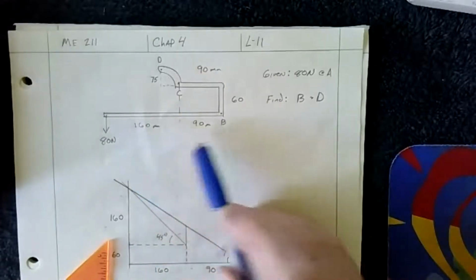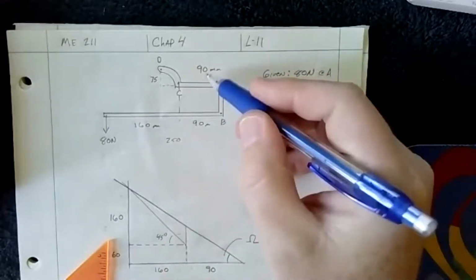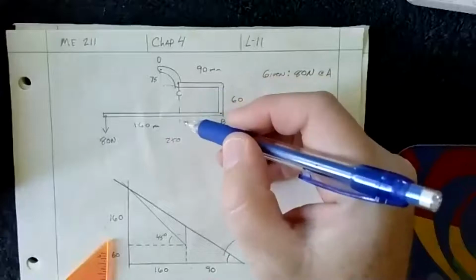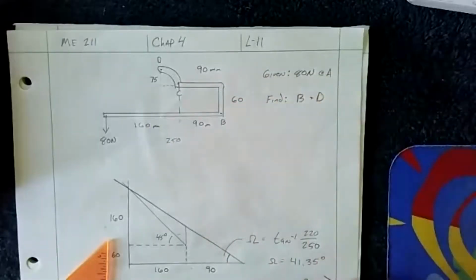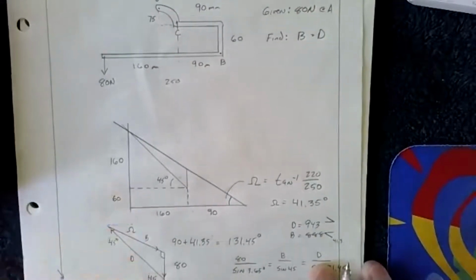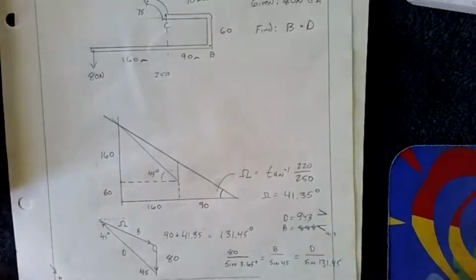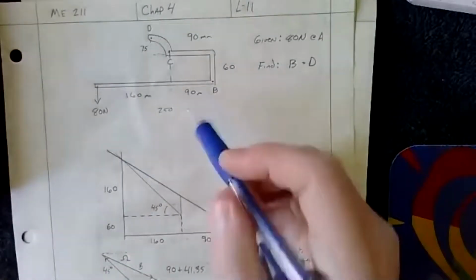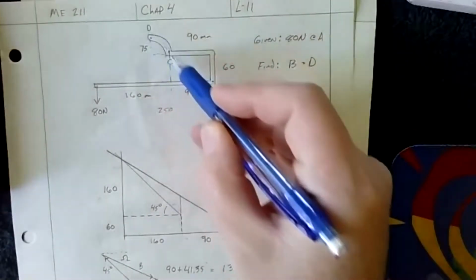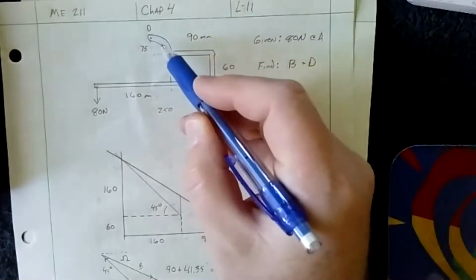Recall that this whole distance here was 250, and we know that's 90, therefore this part from C over is 160. Now, the force triangle method, I'm just going to go ahead and show you, is if we were to draw a line through DC, we know that that line is going to be at 45 degrees because that's a quarter circle.